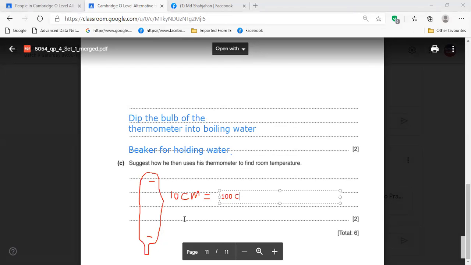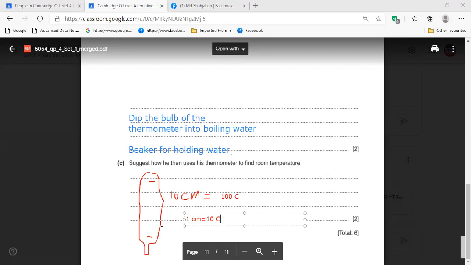So if 10 centimeter equals 100 degrees Celsius, then 1 centimeter is 10 degrees Celsius, right? So you can divide the whole length into 10 equal parts, and each line gives you 10 degrees Celsius: 0 degree, 10, 20, 30, this way till 100.